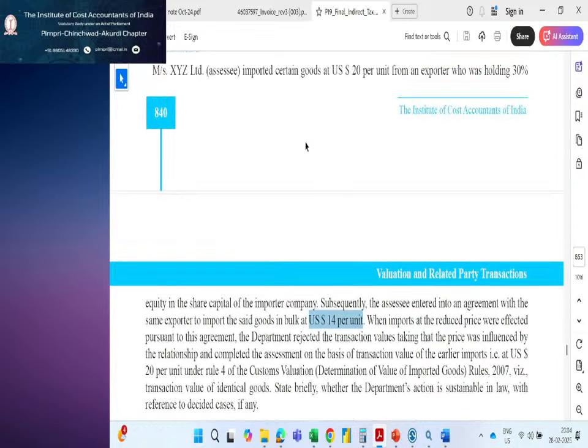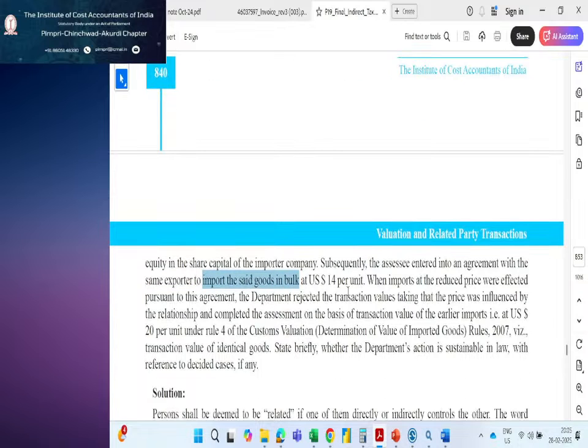So bulk means what? Suppose previously I have ordered some 10 pieces, 20 pieces. Now I need some 100 pieces or 1000 pieces. So if I increase my quantity, they may reduce the price as well. So the assessee also has followed it. The assessee entered into an agreement with the same exporter to import the said goods in bulk at US dollar 14 per unit.